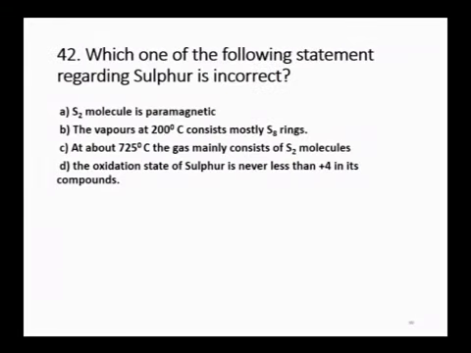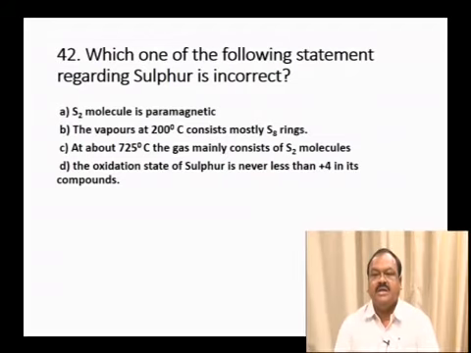Next question. Which of the following statements regarding sulfur is incorrect? Sulfur molecule is paramagnetic. True. The vapors at 200 degrees consist of mostly S8 rings. It is also correct. At about 725 degrees centigrade, the gas mainly consists of S2 molecules. Correct.